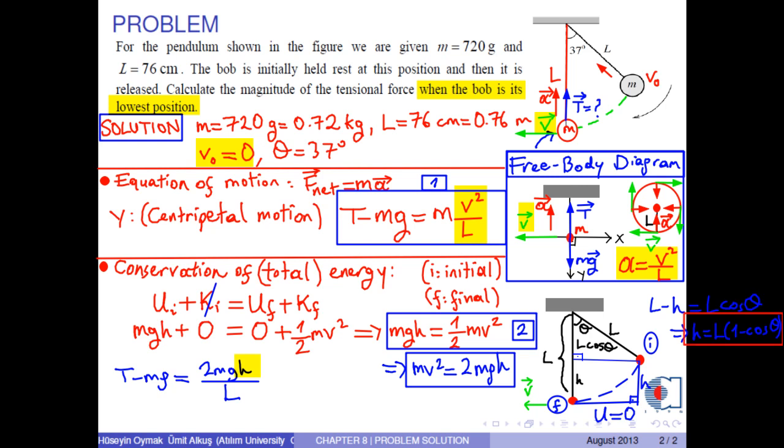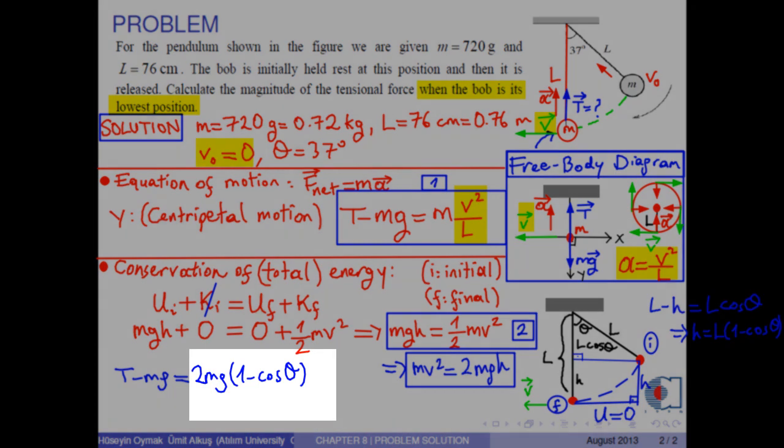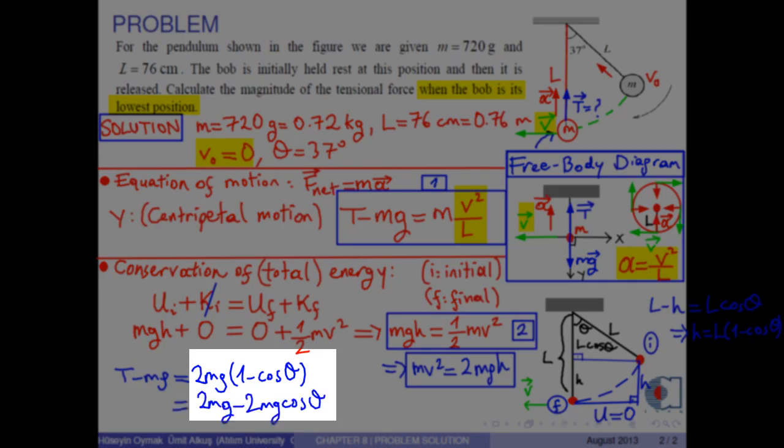From the figure, we know that h equals L times 1 minus cosine theta. L's are cancelled, then we obtain 2 times m times g times 1 minus cosine theta. If we expand this expression, we obtain 2mg minus 2mg times cosine theta.